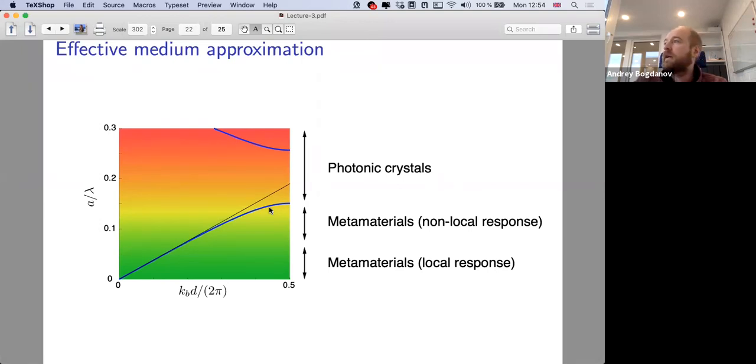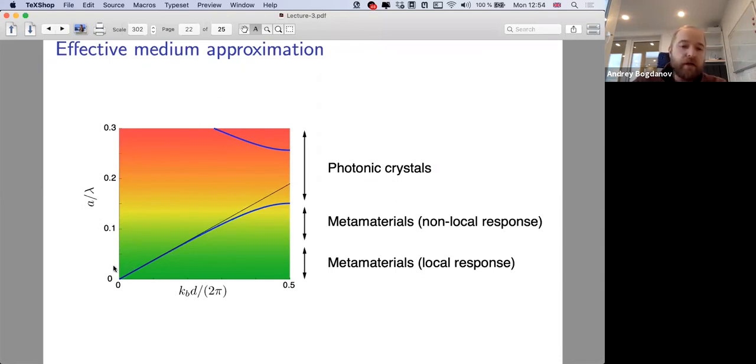So now our metamaterial doesn't behave as a local material, and we need to account for the finite period of the structure in comparison to the wavelength. This non-locality is also called spatial dispersion or non-local response. Non-locality means that we need to account for the internal structure, like the structure of meta-atoms, of the period.